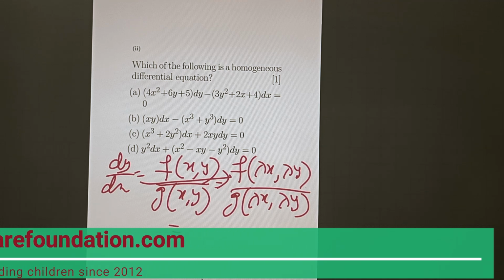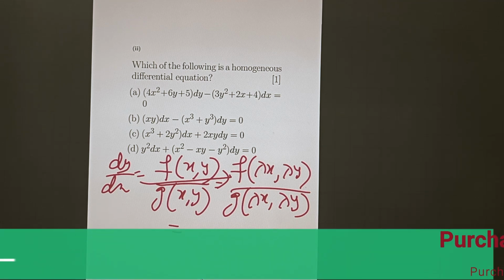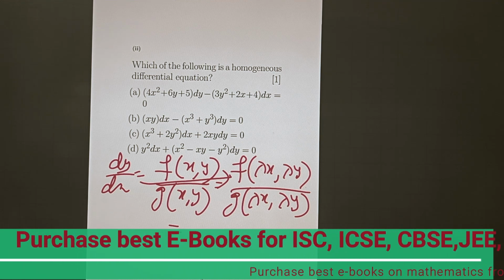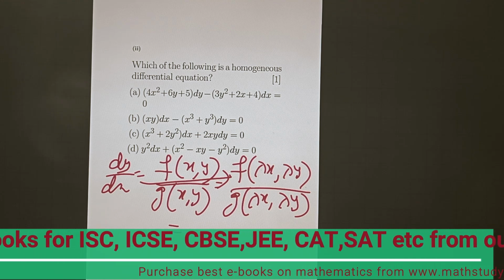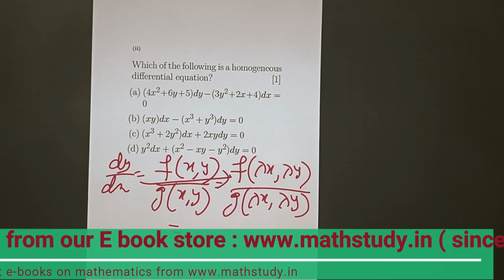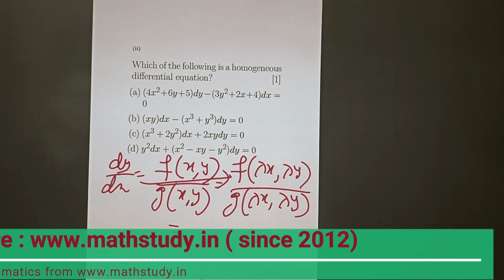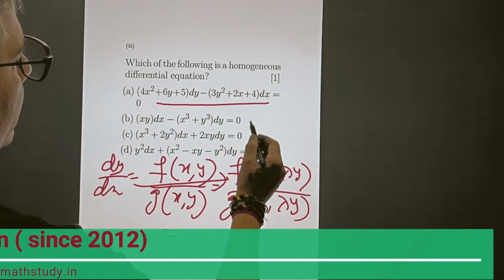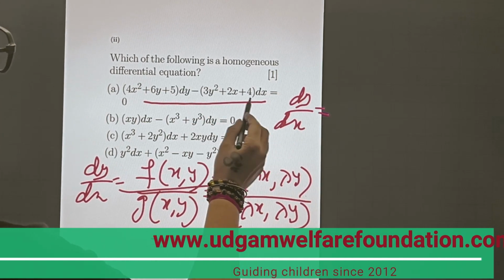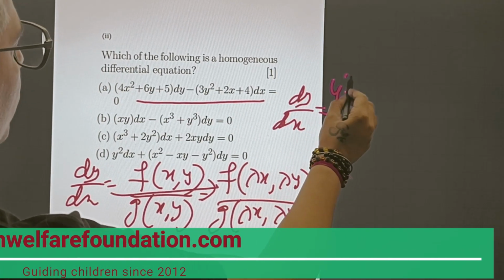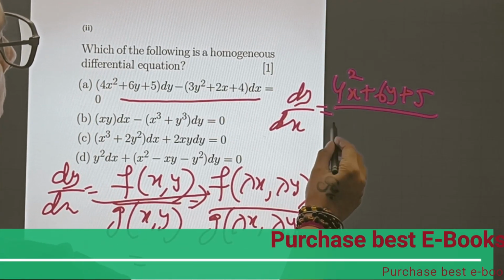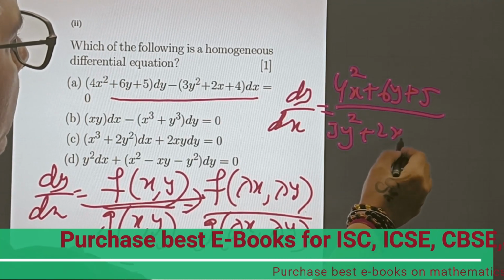That means if we multiply x with lambda and y with lambda, after simplification we should get again the same function in x and y, and lambda is going to be eliminated. So let's try out our first option. If we separate the dy by dx part, we can write dy by dx equals 4x square plus 6y plus 5 upon 3y square plus 2x plus 4.